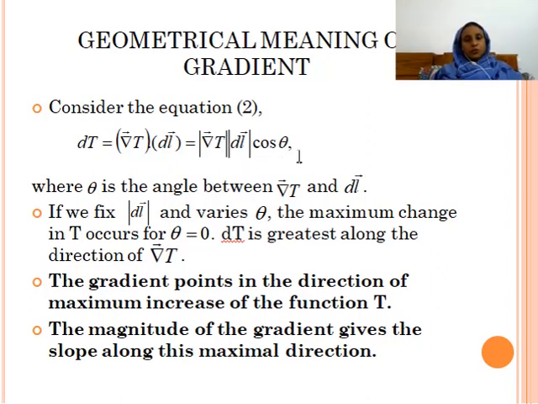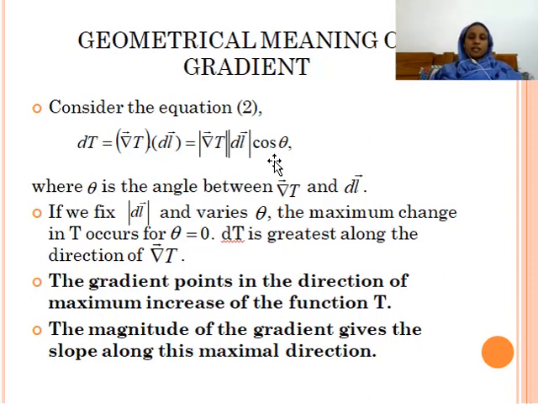Okay, this happens only for theta equal to 0. When theta equal to 0, cos theta equal to 1. That is the maximum value of cos theta. Right?